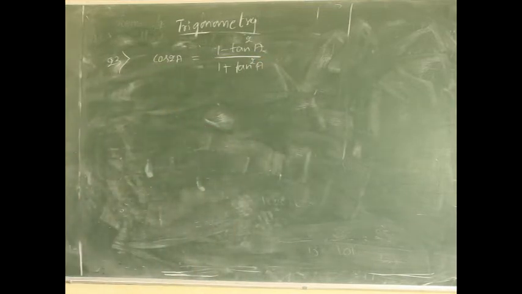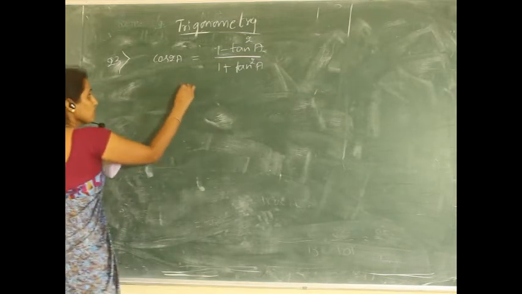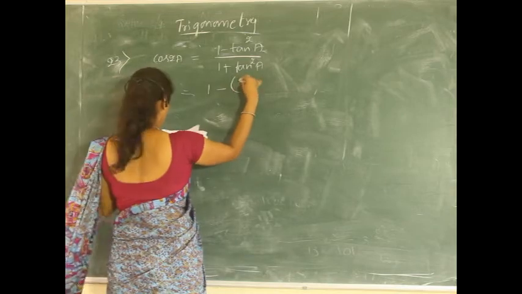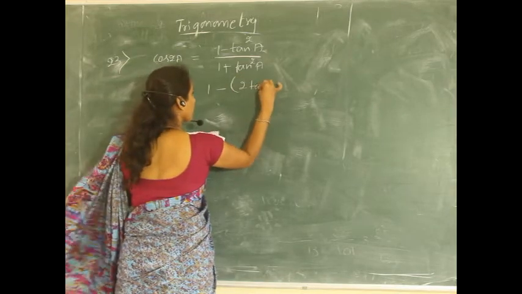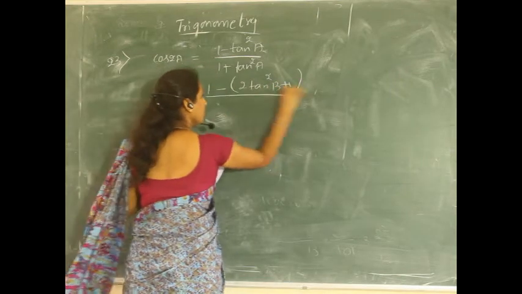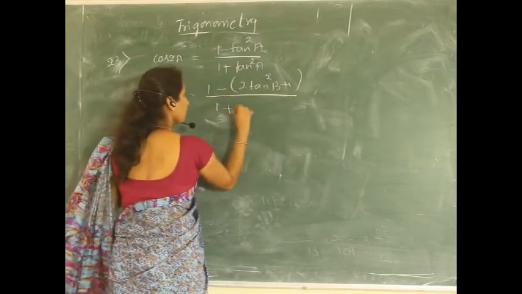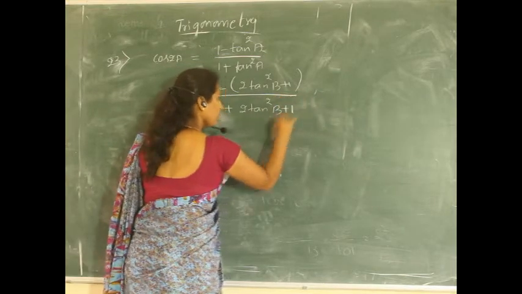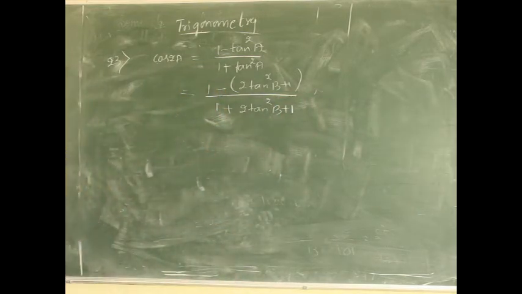Cos 2A is 1 minus tan square A divided by 1 plus tan square A. But what is given for tan square A? Tan square A is 2 tan square B plus 1. So this is equal to 1 minus 2 tan square B plus 1, divided by 1 plus 2 tan square B plus 1. I have substituted tan square A as 2 tan square B plus 1.